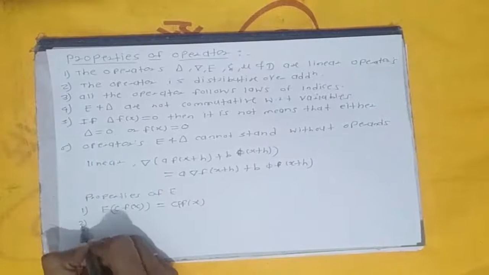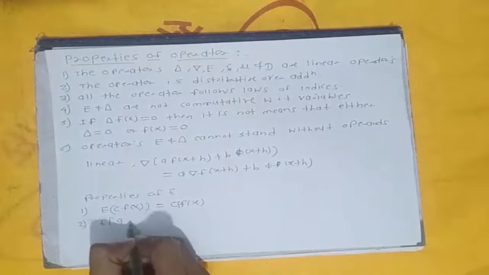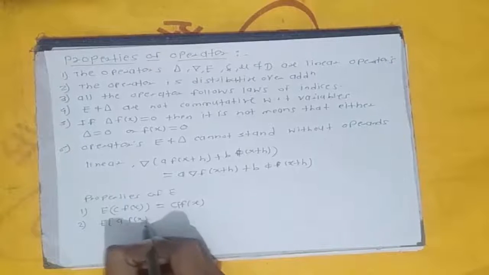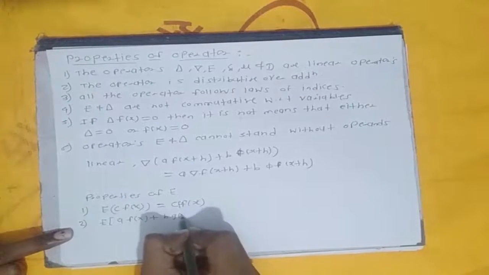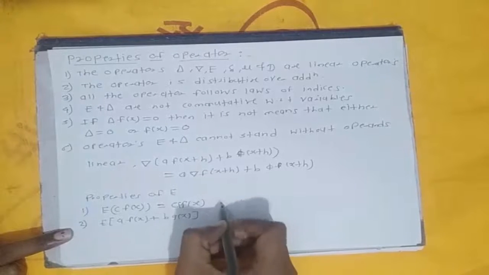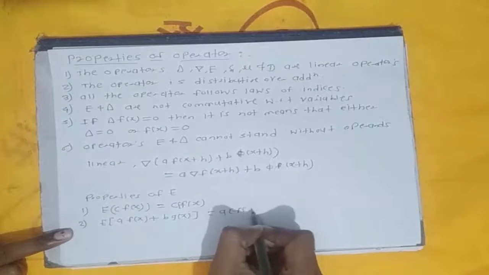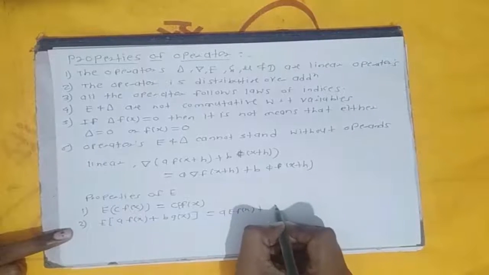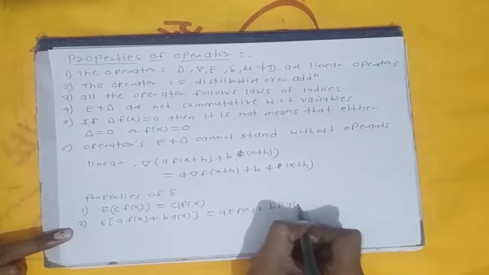Then the second property is E of a f of x plus b g of x, which is equal to a E f of x plus b E g of x.